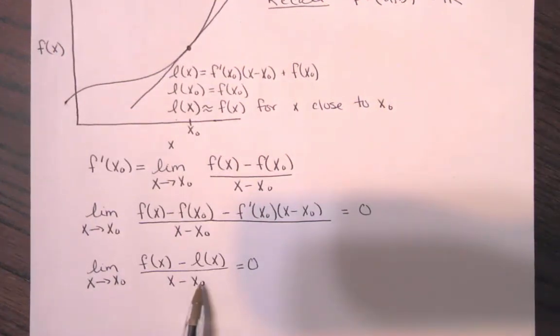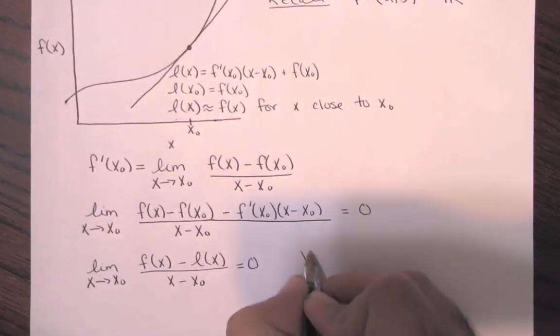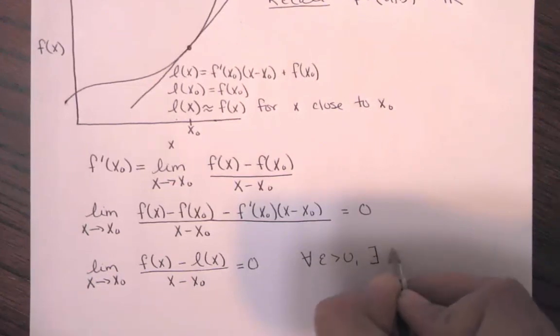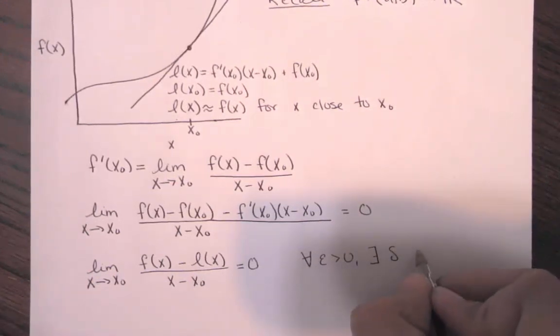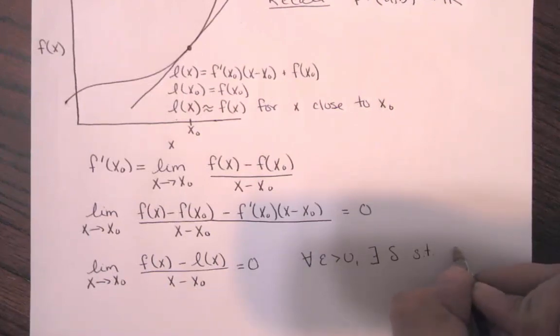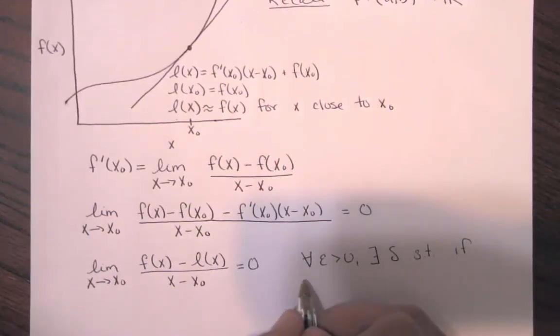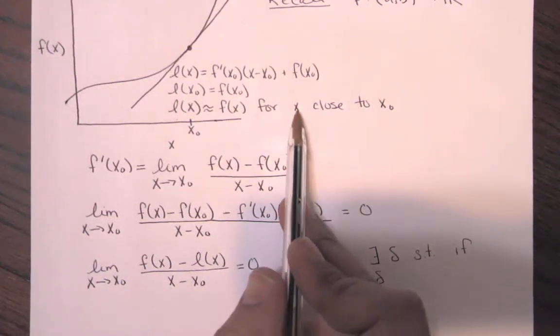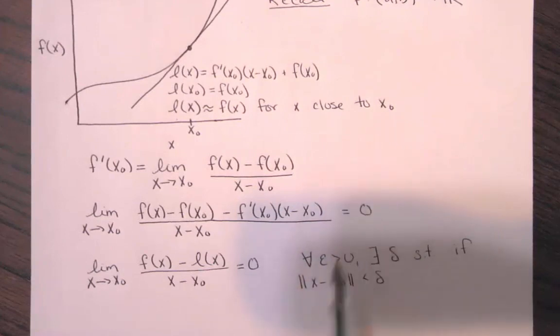What that means is, right, let's break out our epsilons and deltas. For any epsilon greater than 0, there exists a delta such that if the absolute value of x minus x naught is less than delta, and this is going to be what I mean when I say x close enough to x naught, specifically this.